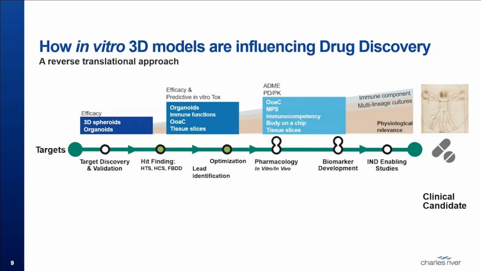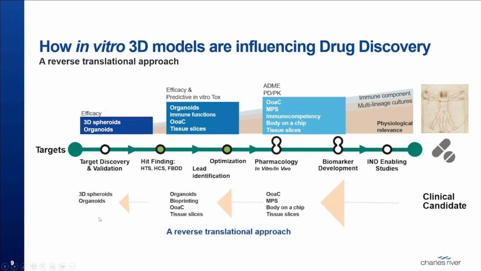To find an answer to this question, we need to take what we have learned from previous clinical trials and bring it back to the lab. With the knowledge that we have already acquired, we can interrogate these systems and understand their advantage of using them early on in drug discovery.